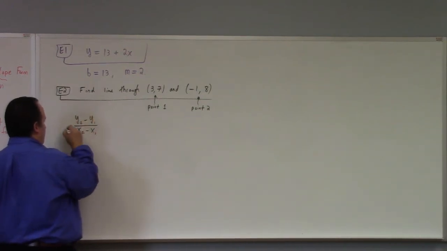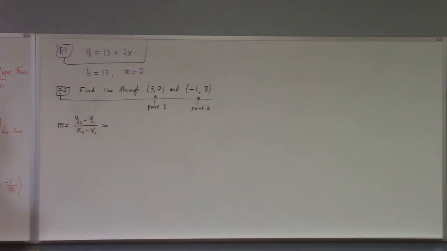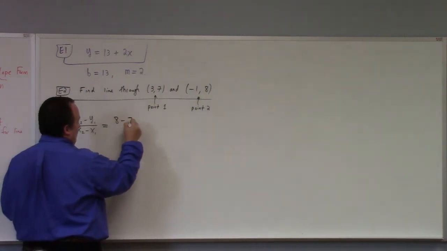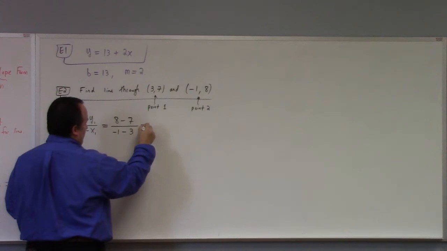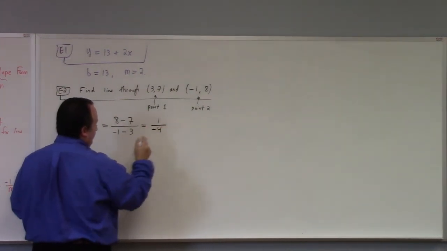What are we calculating? So you're proposing we calculate the slope, right, of the line which connects these two. So you said 8 minus 7 over minus 1 minus 3, which gives us what? 1 over minus 4.